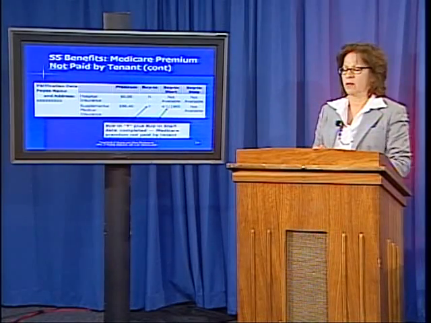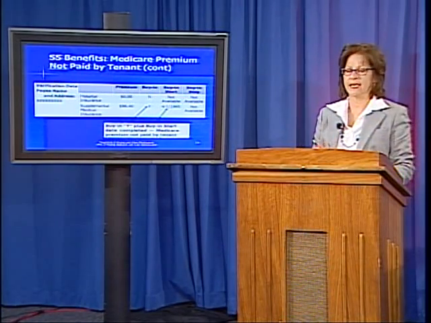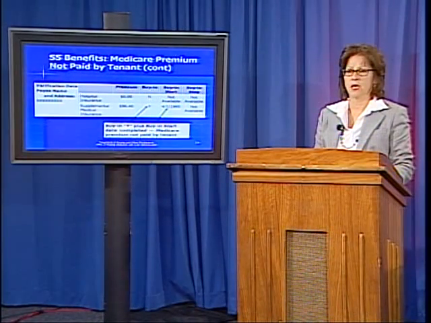So we just want to alert you to the possibility of, let's just call this a false positive, where this could be telling you that a third party is paying this amount, when in fact you know that the tenant is, and they can demonstrate that, either by a third party verification or some current documentation from Social Security. So that's just one thing we know many of you have seen with your tenants, and just to let you know that we are aware of this. So that's how you treat it if you come across it when doing your recertifications.